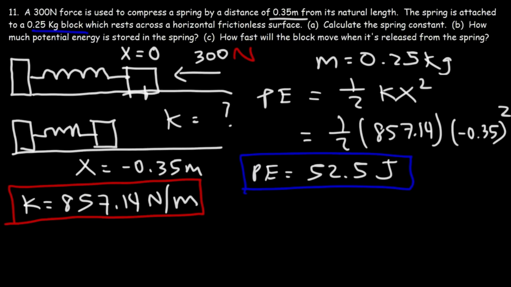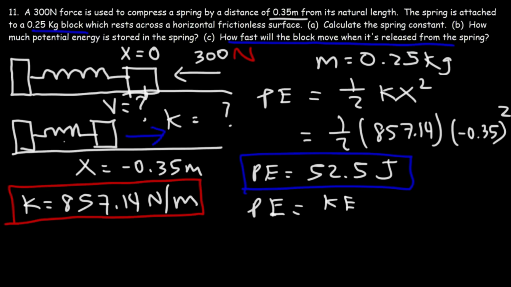Now, part C. How fast will the block move when it's released from the spring? So once this force is removed, this block will want to go back this way. How can we calculate the speed at which it's going to move to the right? Now, what we need to do is set the potential energy equal to the kinetic energy.